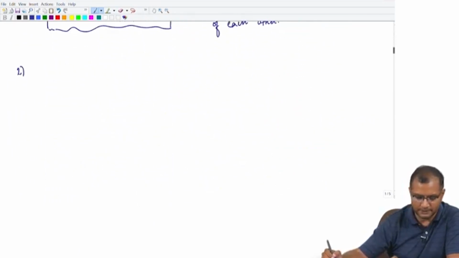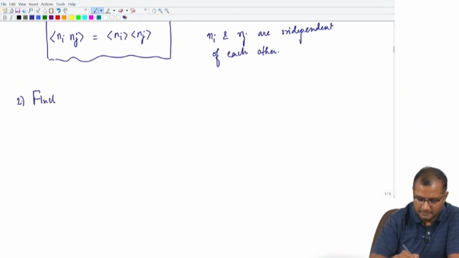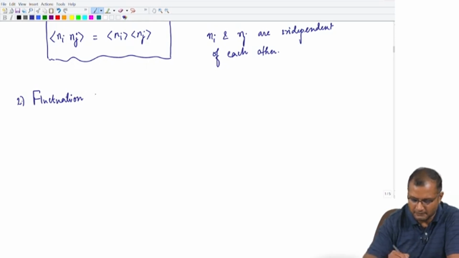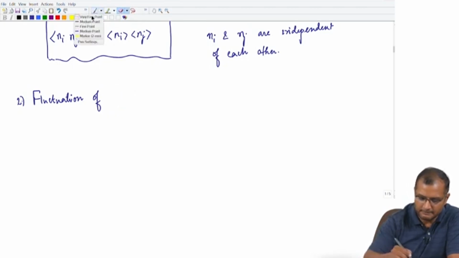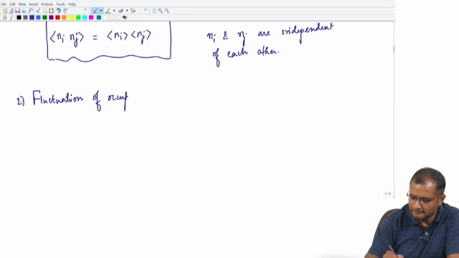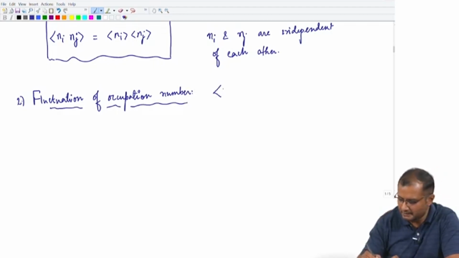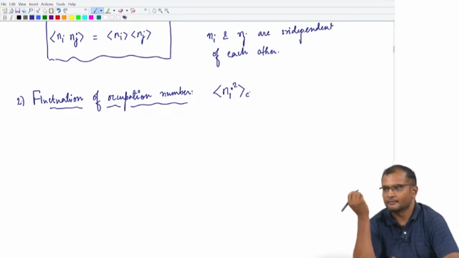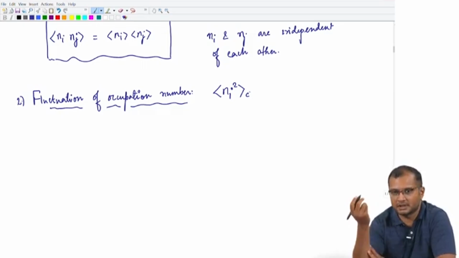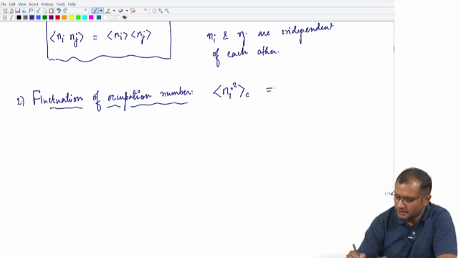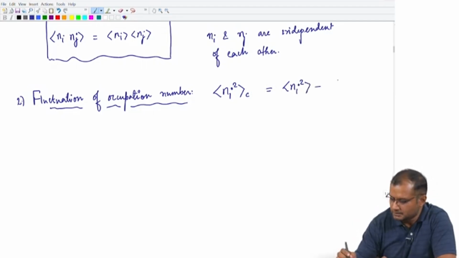And if I now want to compute the fluctuation of occupation numbers, this would be like the second cumulant of the occupation number of the ith level, and we know that the second cumulant can be computed as the second moment minus the square of the first moment.